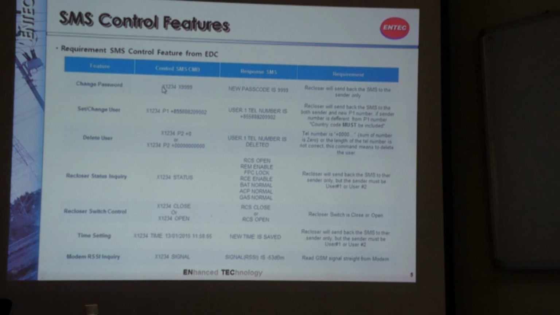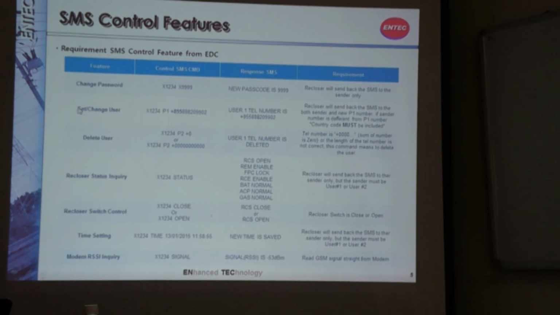X is what you need to put in, and then the password is 1234. For example, if your old password was 1234, but you want to change to 9999, then by SMS you send X1234 and X9999. Then the password will be changed from 1234 to 9999. Then the recloser will send back to the smartphone that the password is now 9999. This will be your response.